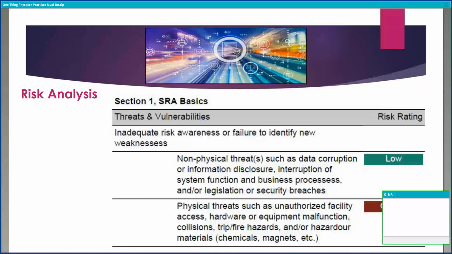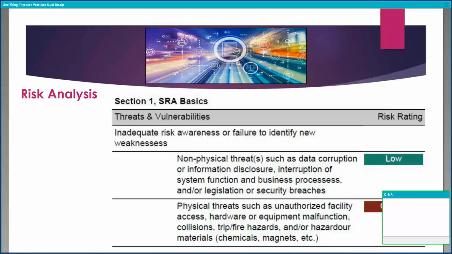The first vulnerability shown is the non-physical threats, such as data corruption, information disclosure, interruption of system function, or business processes and/or regulation of security breaches, is low. This finding may be due to the organization's high level of security and having a continuous backup.